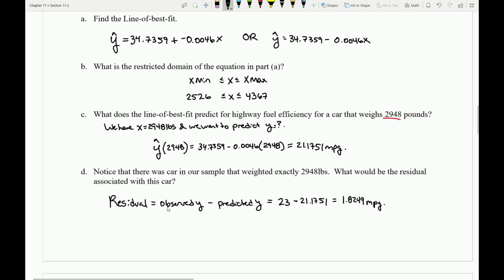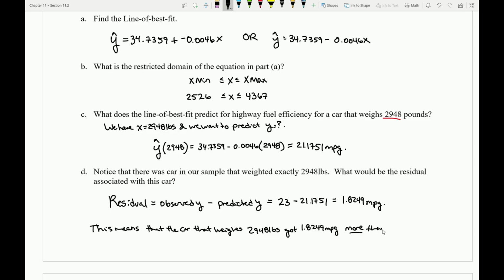I'll just say that this means that the car that weighs 2,948 pounds got 1.8249 miles per gallon more than what we predicted.